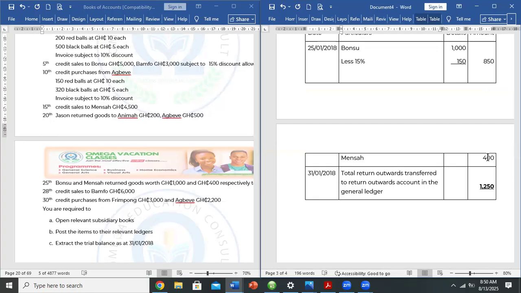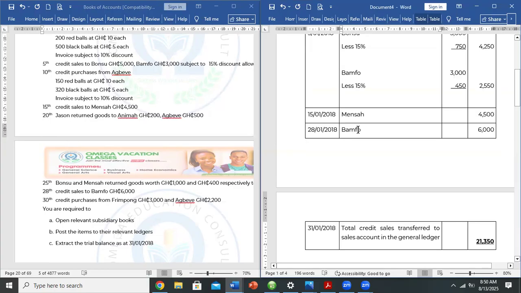The next transaction was a credit sale to Banfo on the 28th. That will go into the sales day book. So 28th January 2018, sales to Banfo, 6,000. There were no further details to work out or calculate under the detail column. And then we have credit purchases from Frimpong and Abebe on the 30th.